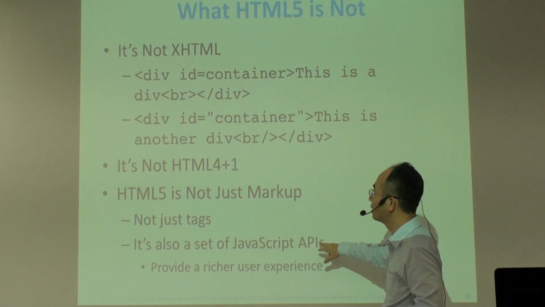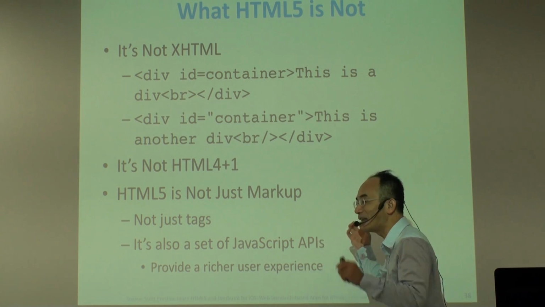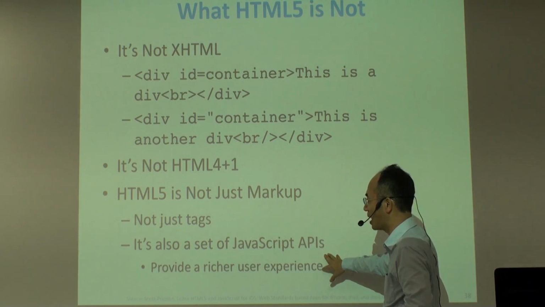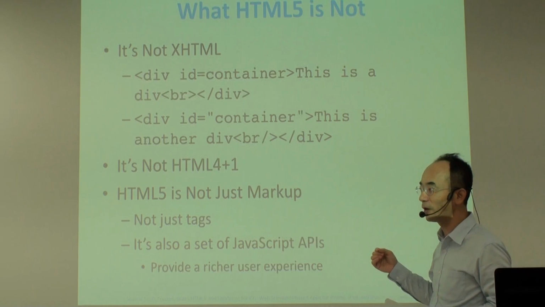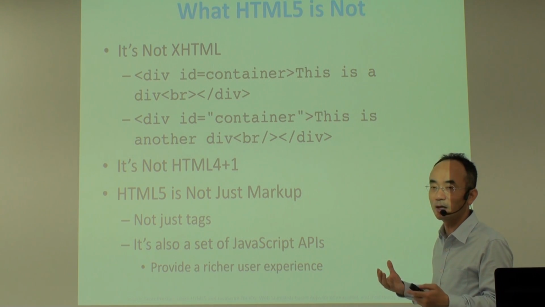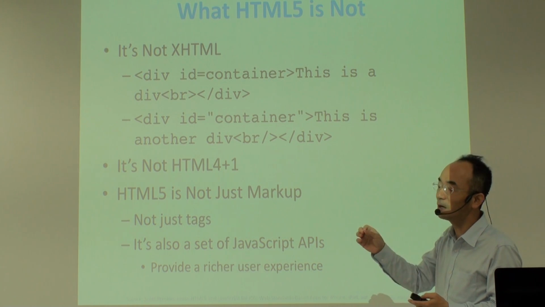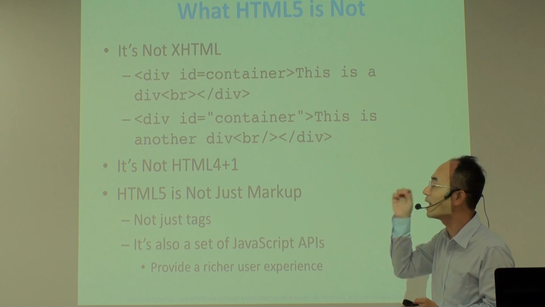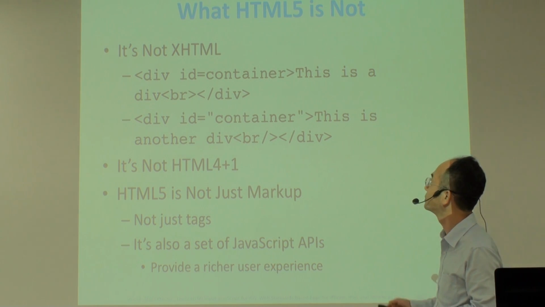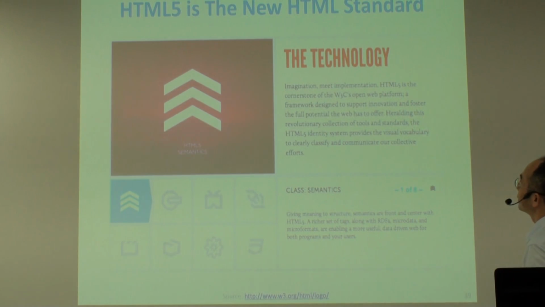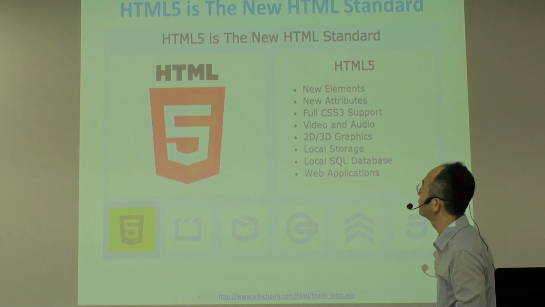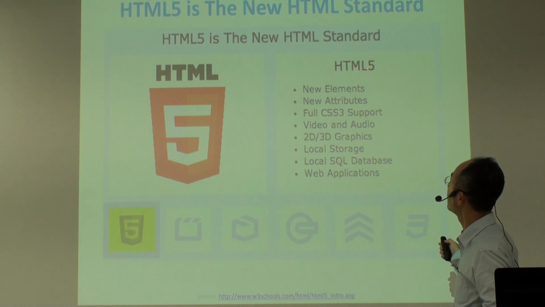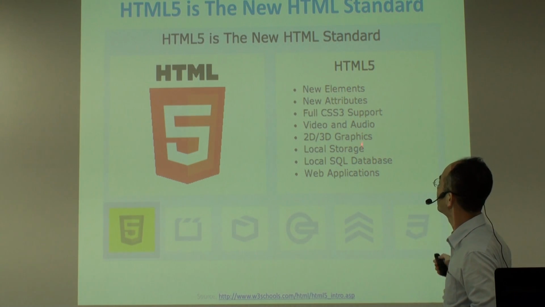HTML5 also contains some JavaScript APIs and provides a richer user interface, so your user interface looks like native applications running in a web browser. So these are the new HTML5 standards.